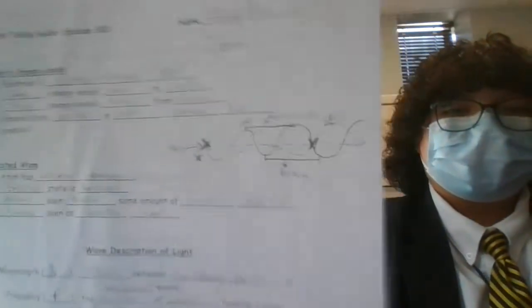So here's the equation. C is equal to wavelength times frequency. So what do I write after the equal sign? 6.0 times 10 to the 7 meters times F. We got that? You plug in the values into your equation.